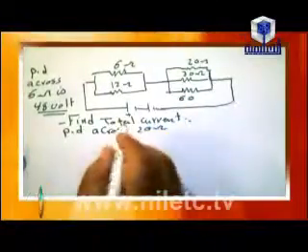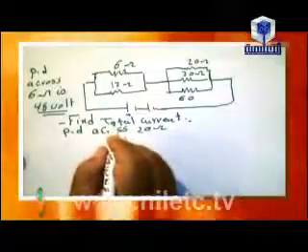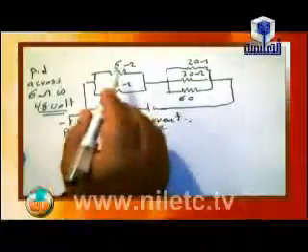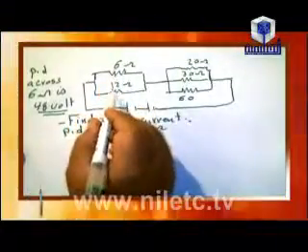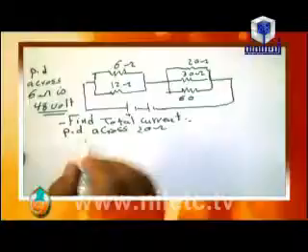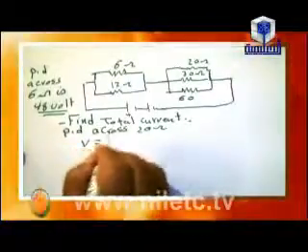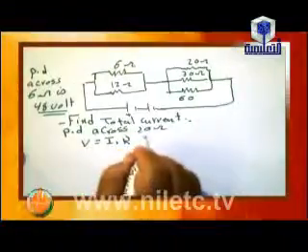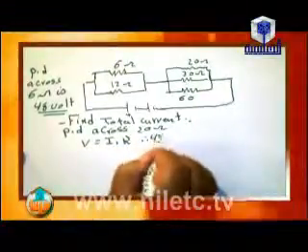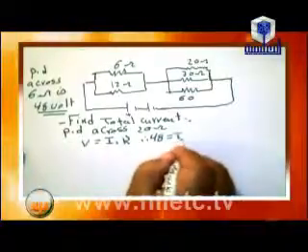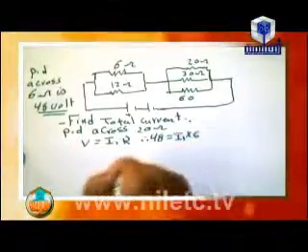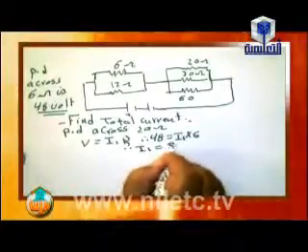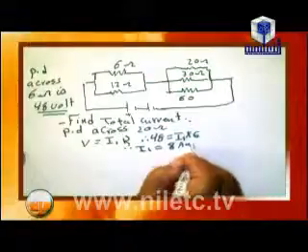First, we know that in any two parallel resistances, the potential differences across them are equal. So the potential difference in the 6 ohm is equal to the potential difference in the 12 ohm. So V equals I1 R1, then 48 equals I1 times 6, then I1 equals 8 ampere.